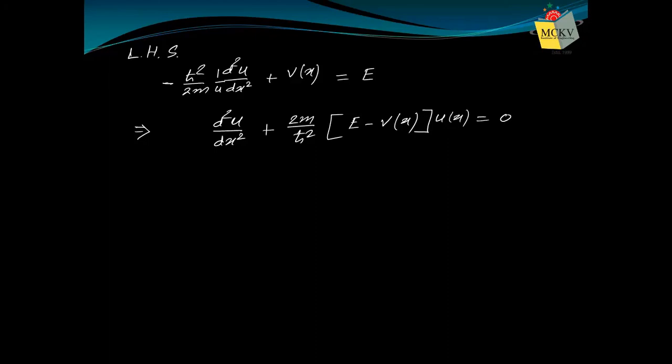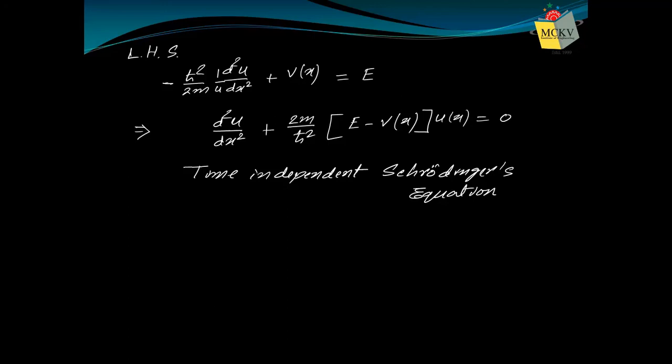So this equation is called the time independent Schrodinger's equation.